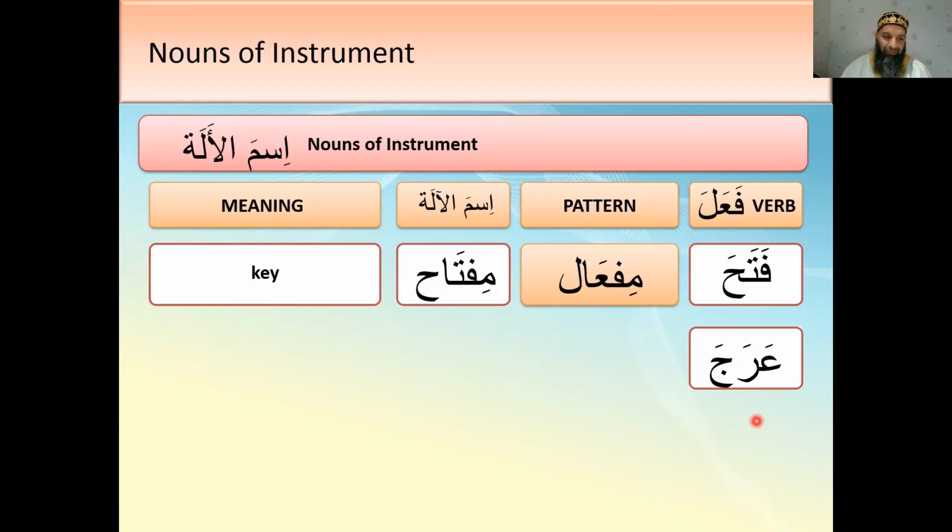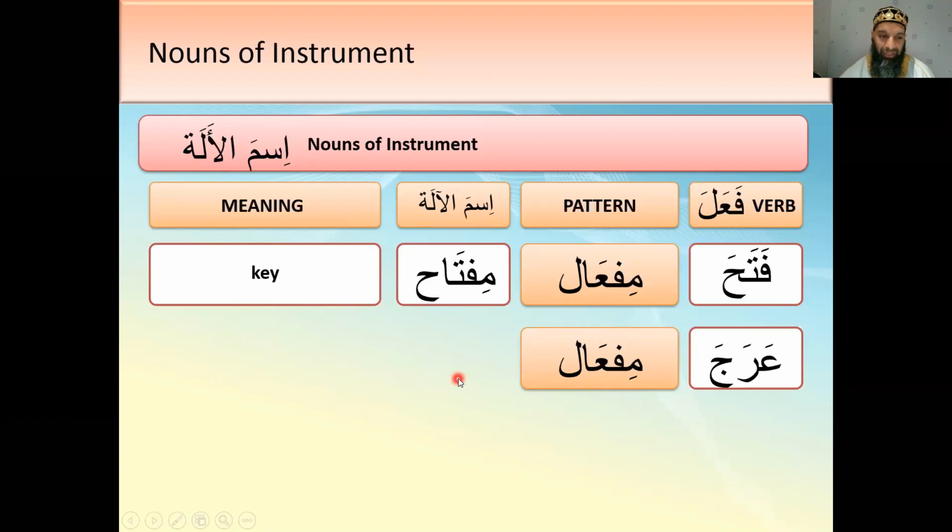Yeah, okay, right. You see, you're putting two together. So the tool to go up uses the mif'al pattern. So stick araja in the mif'alun pattern. Good. Yep.